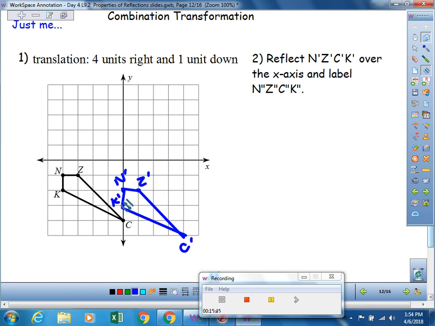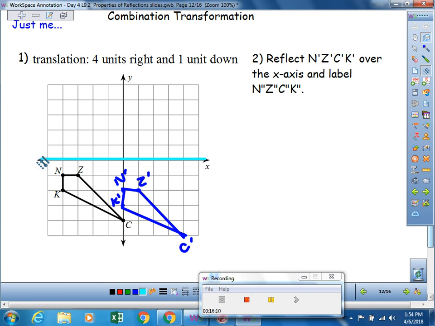Okay, so on a translation, you should have the same physical orientation. It just slid. Now, what did it tell me to go over? X-axis.